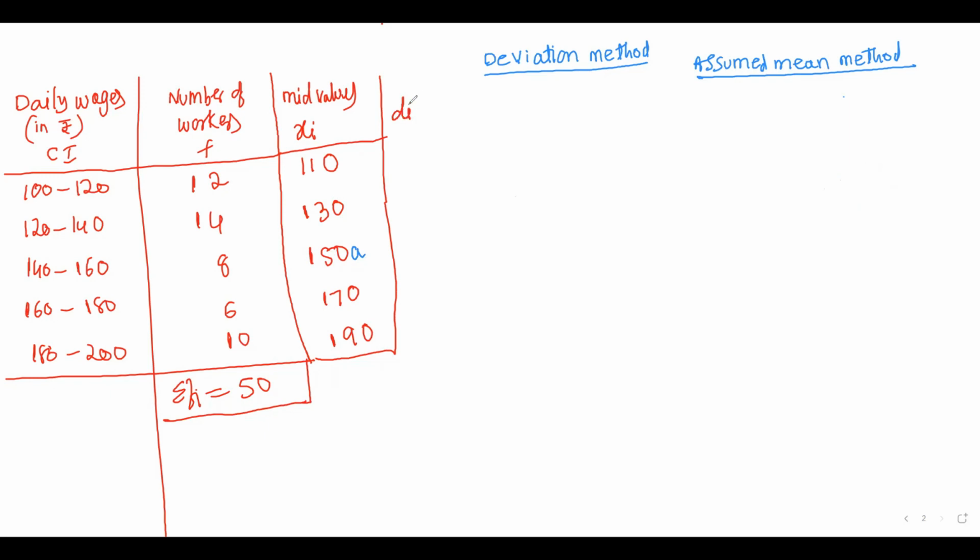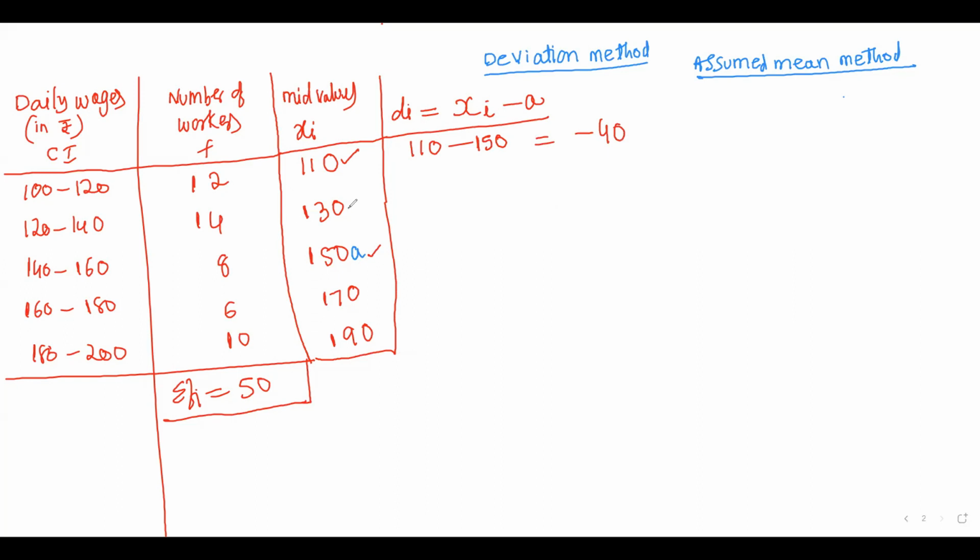Formula to find deviation is xi minus A. What is xi? Here the xi is 110, A is 150. 110 minus 150 is equal to minus 40.